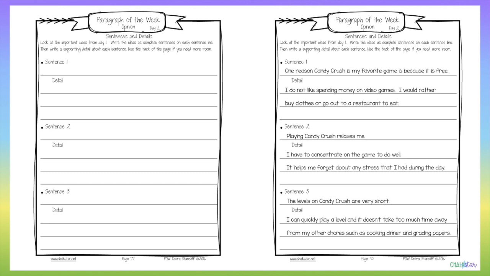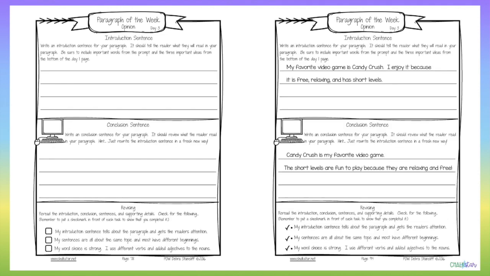Again, adding a detail underneath that as well. The third important idea gets converted to a complete sentence and written on the sentence number 3 line. Again, they'll add a detail about that sentence there as well. So when they're done, the students will have 6 sentences completed today. This is the meat of the paragraph.